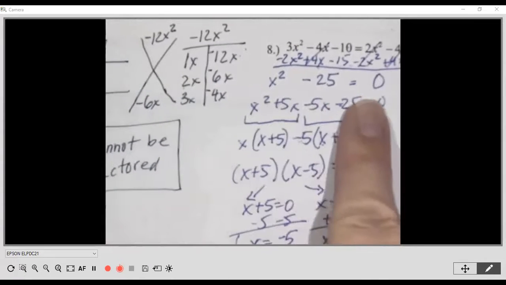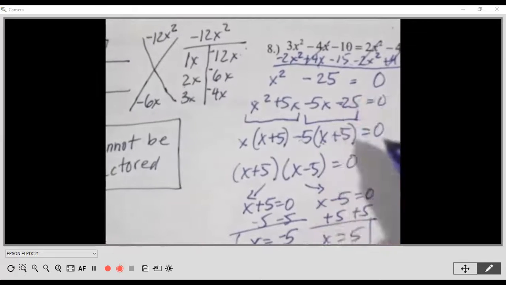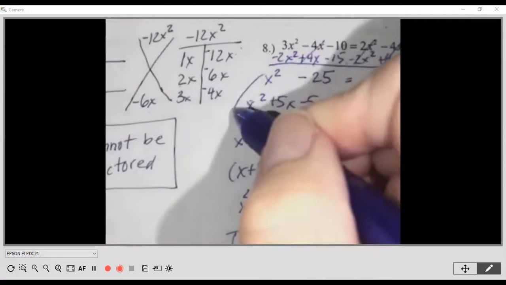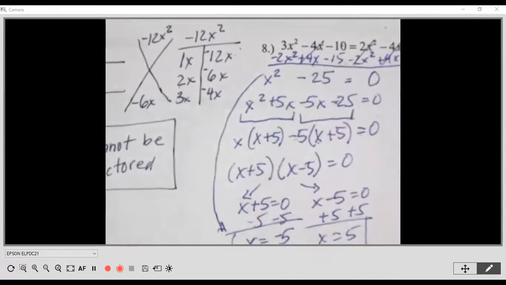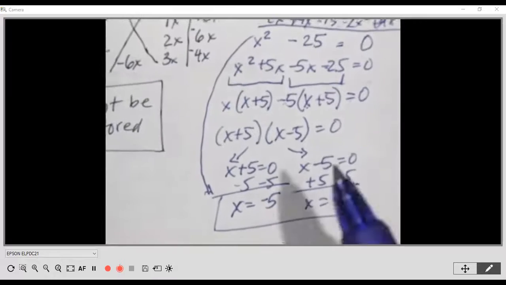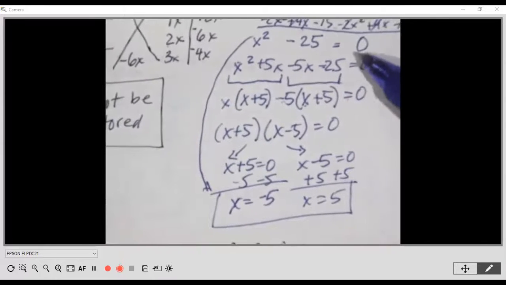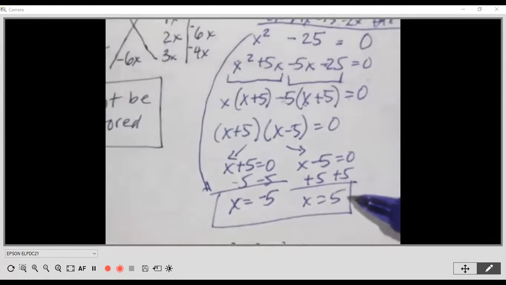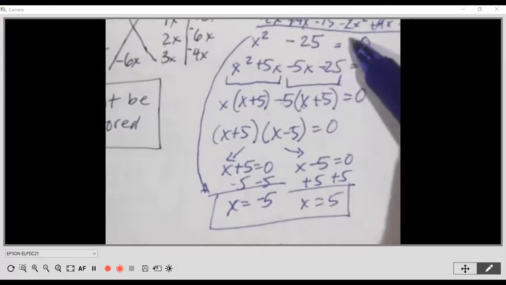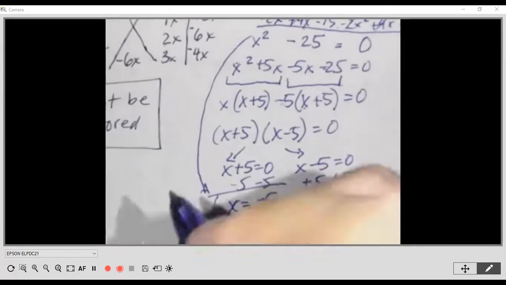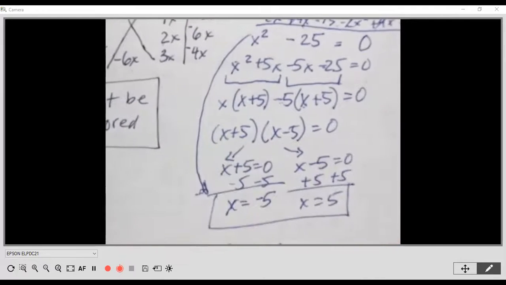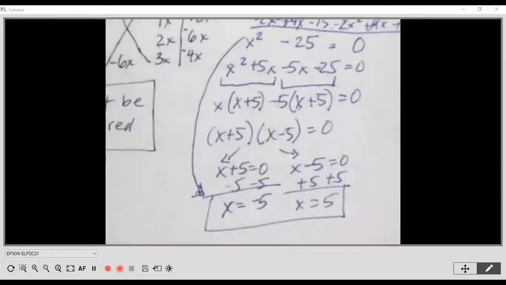It's a perfect square trinomial. So if you go right from here to here, I'm okay with that. I do want you to understand the process. To be able to prove it algebraically is important, but memorizing this and going from here to here is just a realistic time saver. Okay, it's a perfect square trinomial.